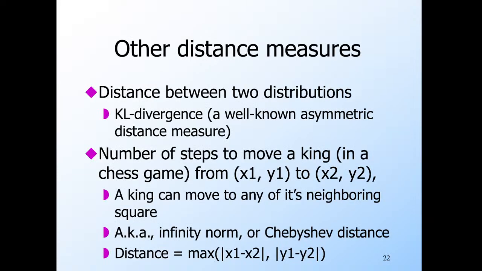So there are other similarity measures that I introduced earlier, and let me repeat it again because somehow my screen was not broadcasted. So KL divergence is used to define the distance between two distributions.